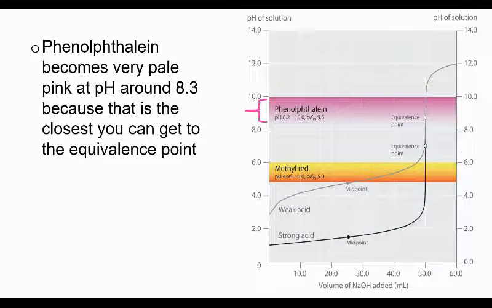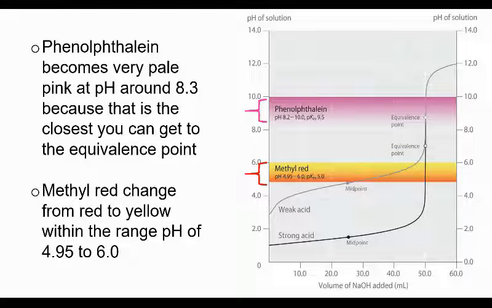For example, if you use phenolphthalein, you would titrate until it just becomes very pale pink at pH around 8.3, because that is as close as you can get to the equivalence point. On the other hand, using methyl red, you would titrate until there is the very first trace of yellow in the solution.